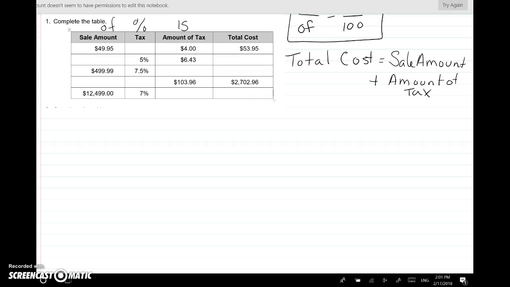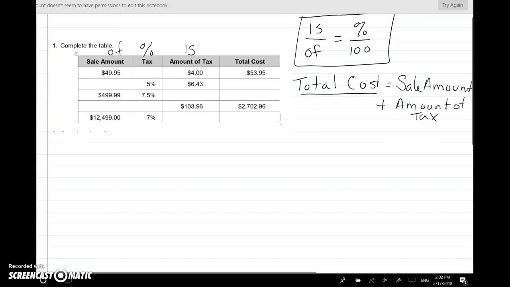And that will give us our total cost. So let's go through these 5 problems here. If you want to stop this video and try them on your own and then go back to it, you are more than welcome to do that. But I'm going to go ahead and start working on this.